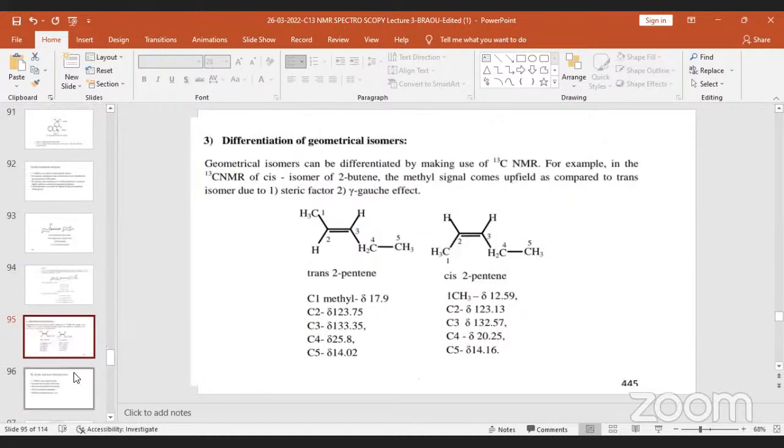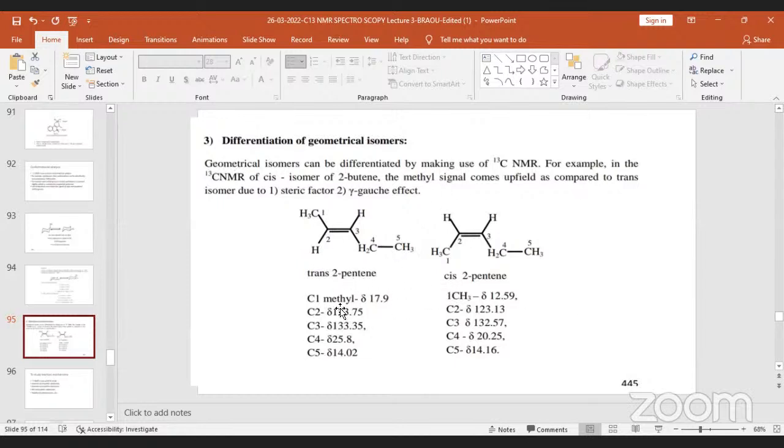Similarly, you can study geometrical isomers. Differentiation of geometrical isomers is also possible by C13 NMR. For example, you see trans-2-pentene and cis-2-pentene, E and Z forms.